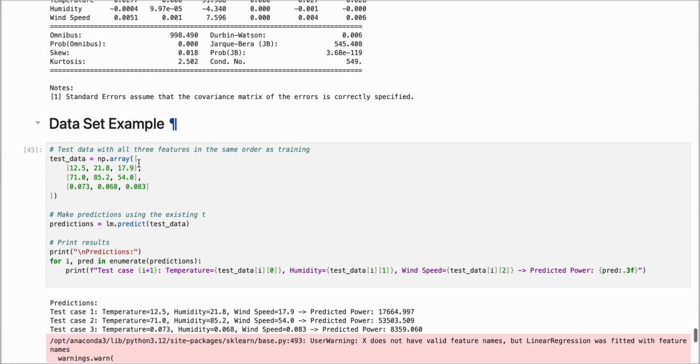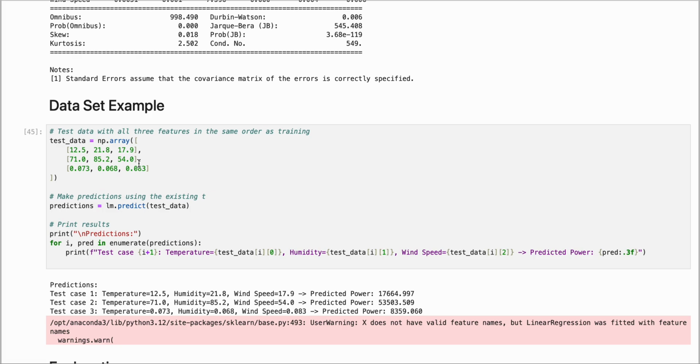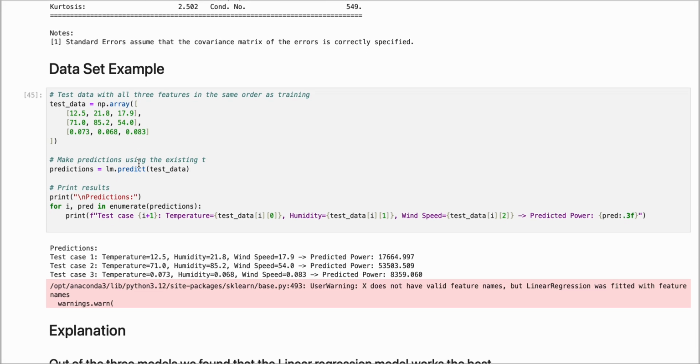In the dataset example we have here, the predictions are: test case 1, temperature is equal to 12.5, humidity is equal to 21.8, wind speed is equal to 17.9, and predicted power is 17,664.997.